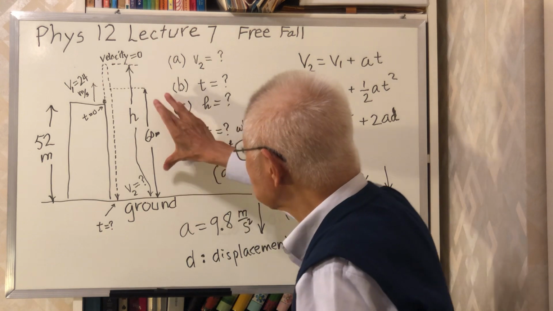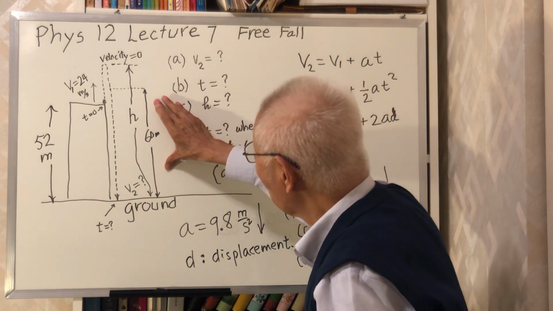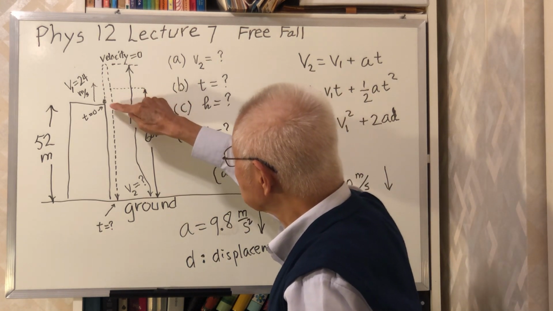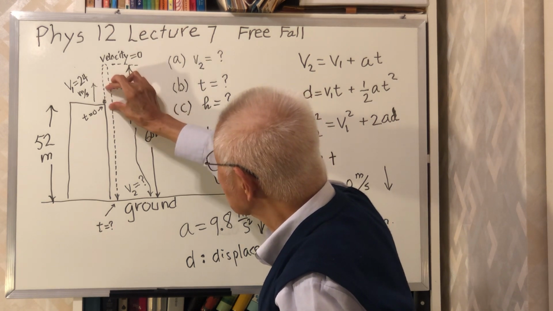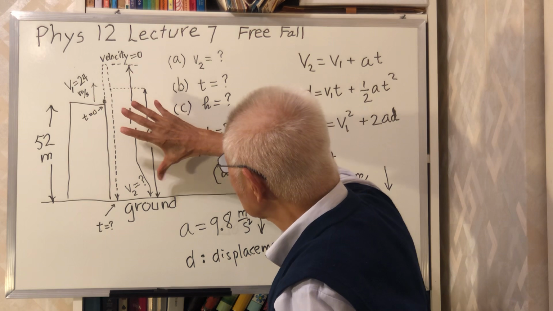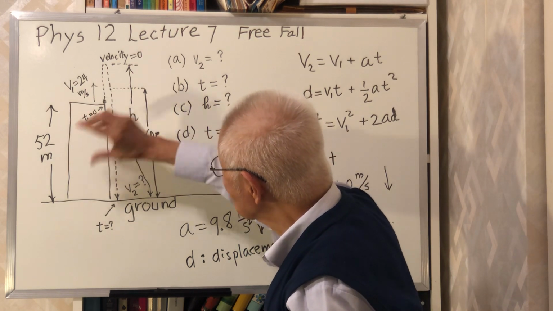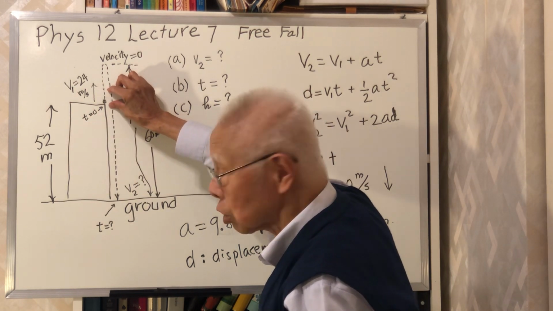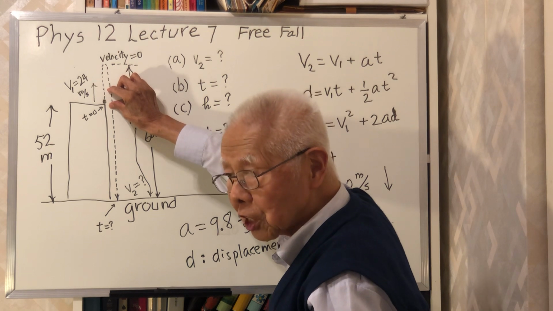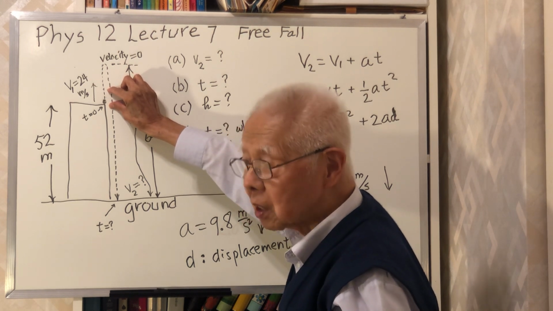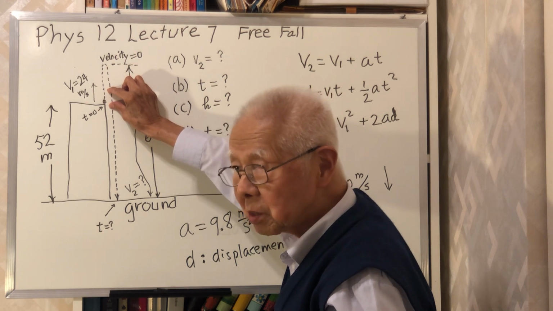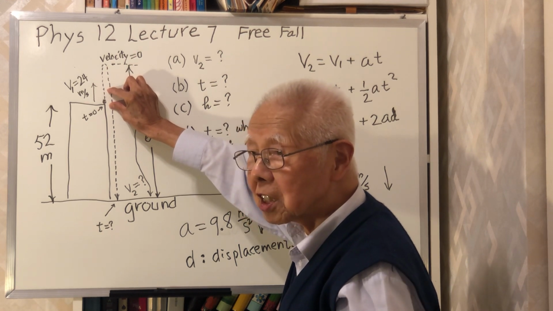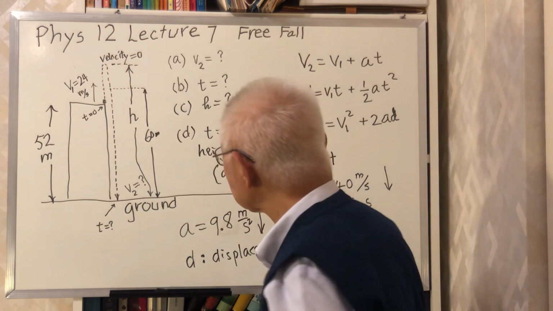Now, if this is 60 meters, what is the distance between the starting point and this point? So this is 60, this is 52, therefore this is 8. And this is our displacement. What is the time when the displacement is 8?